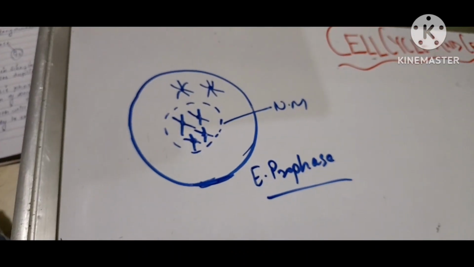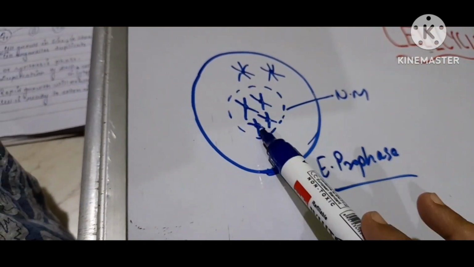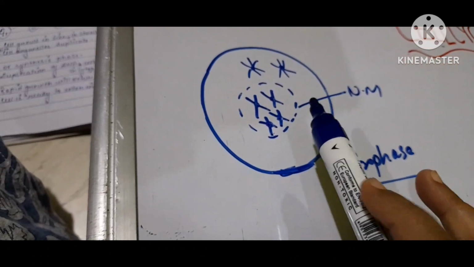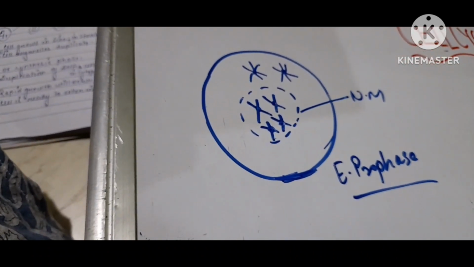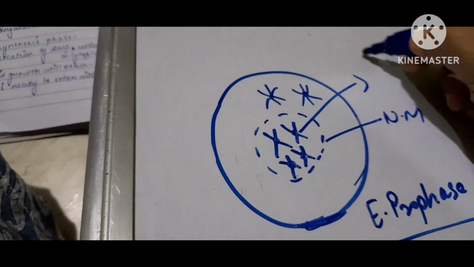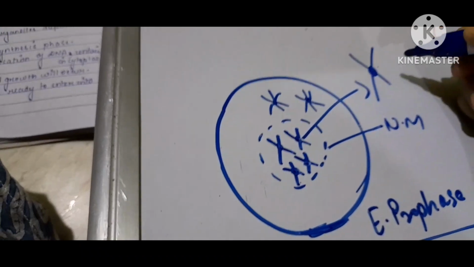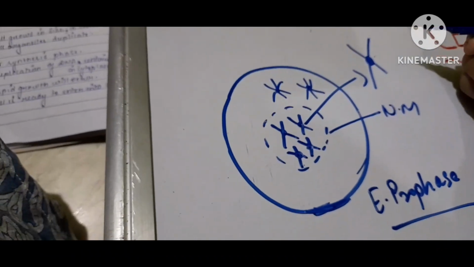Here the chromosomes are now condensed and sister chromatids are formed, and centromeres are present between the two sister chromatids. This structure we can see here. This is one, this is the other, and this is the centromere.